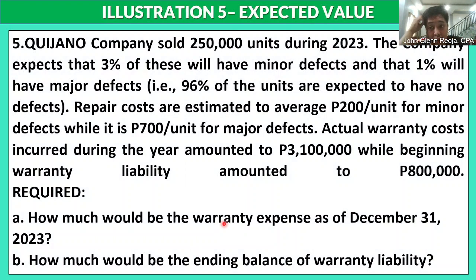Then for expected value method sa warranty, the same na sa natutunan natin kanina actually sa provision. So dito, compute for the warranty liability, warranty expense, and the warranty liability end as of December 31, 2023. So sabi dito, Kihana Company sold 250,000 units during 2023.